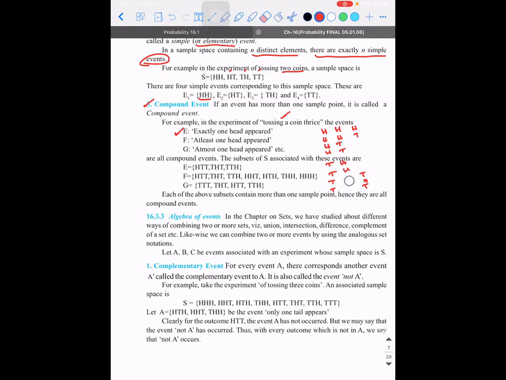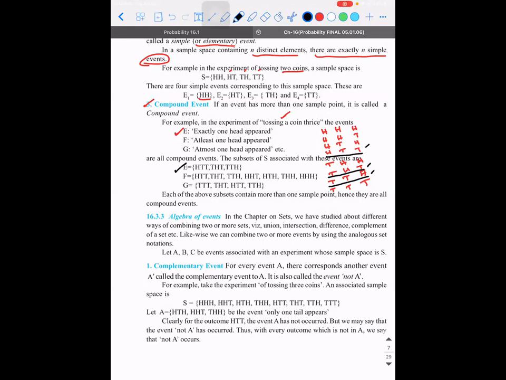Where is it exactly one head that is appearing? Head, tail, tail; tail, head, tail; tail, tail, head. So these are the 3 events. These 3 sample points put together in a set is what is event E. So event E is a compound event in this case.